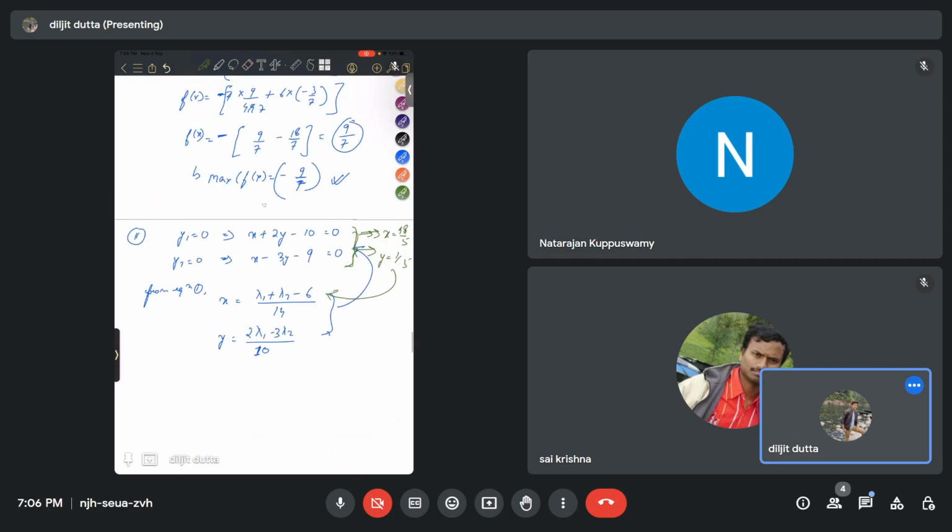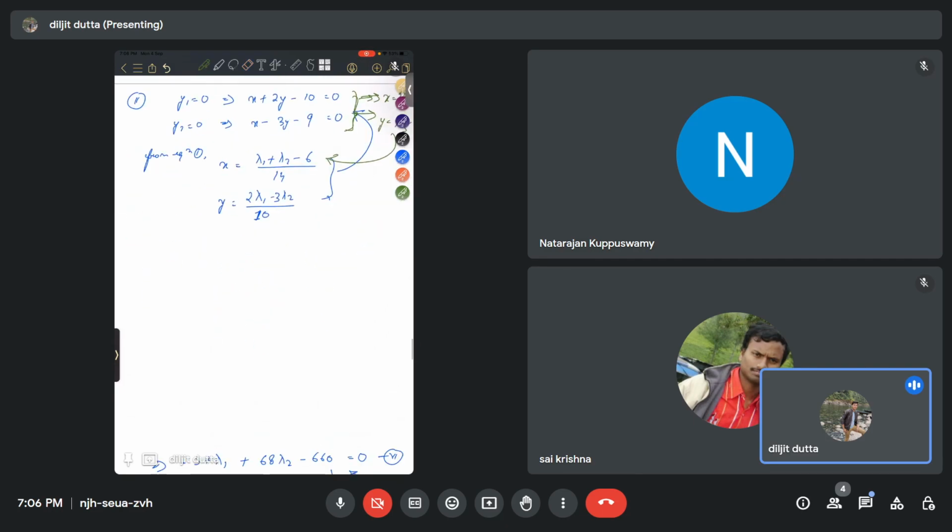So y is equal to 1 by 5, so you can put 1 by 5 equals 2 lambda 1 minus 3 lambda 2 by 10. So 2 lambda 1 minus 3 lambda 2 is equal to 2.